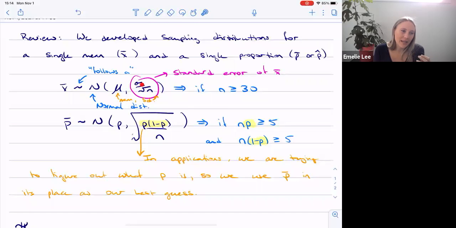Now, the trouble, like I said, is we don't know what sigma is. We have a sample standard deviation, right, which should be a pretty good guess. But just as we saw with the sample means, as we collected a different sample, we would have a slightly different sample mean, right? So our sample mean hovers around the population mean, but we know for each sample that we collect, it's going to be slightly different. Same thing with the sample standard deviation, right?